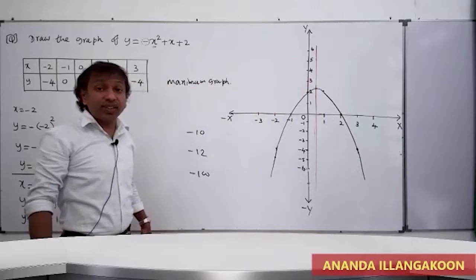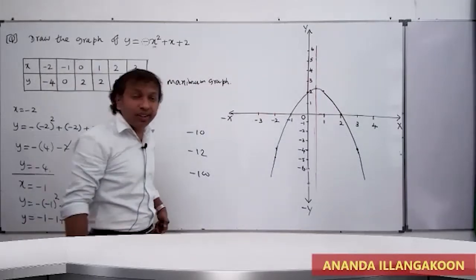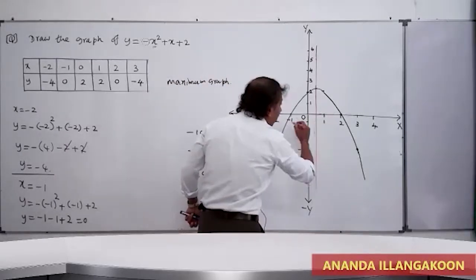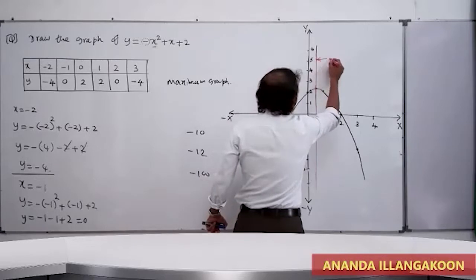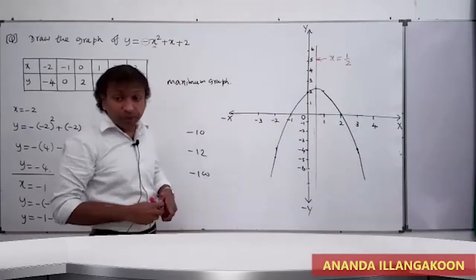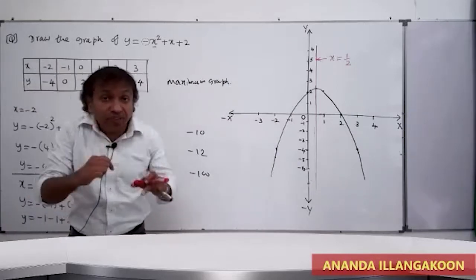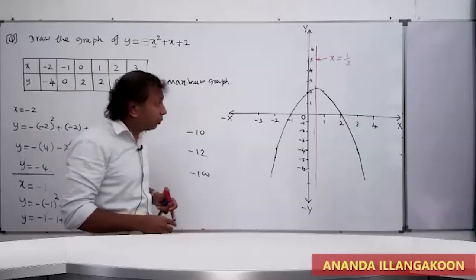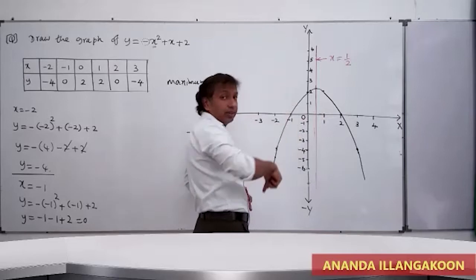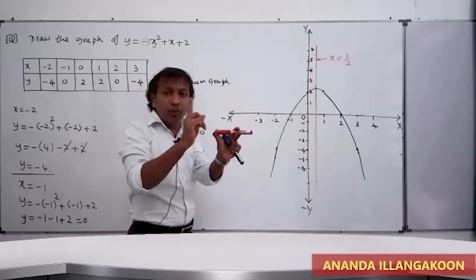People, its equation can be obtained as before. You can very easily see that the line is passing between 0 and 1. Then the midpoint should be half. Therefore, the equation of this should be x equals half. As I told you earlier, that equation can easily be obtained by adding the two roots and dividing by 2. When you add the two roots, what do you get here? 2 plus minus 1 means 1.